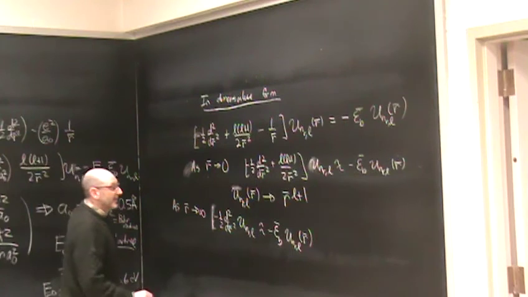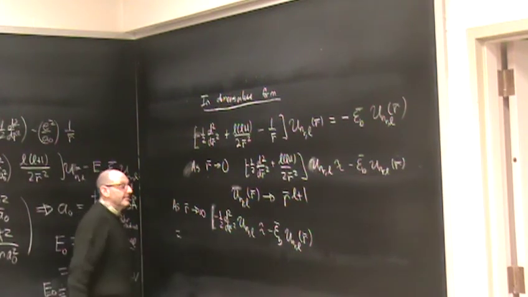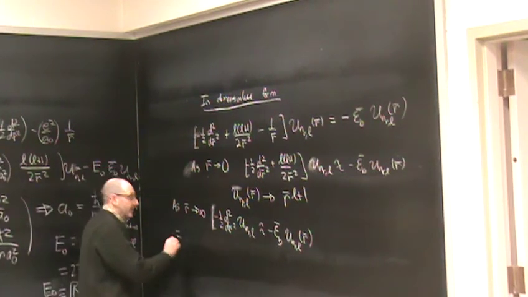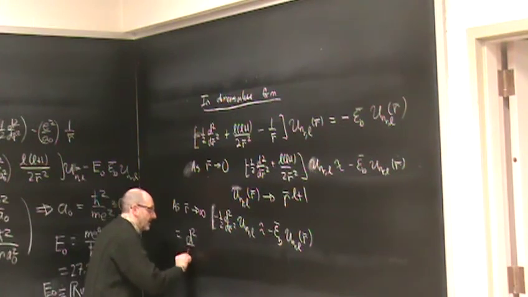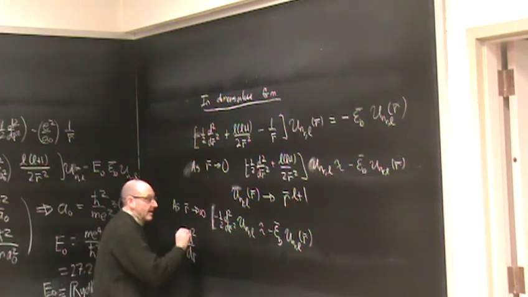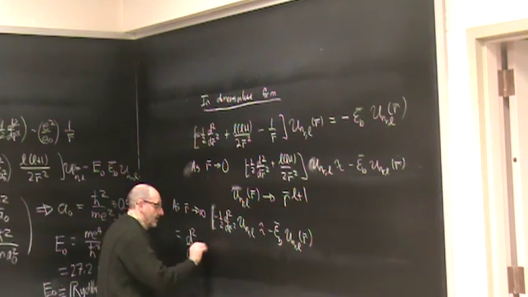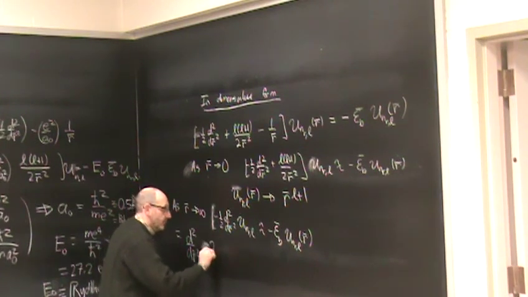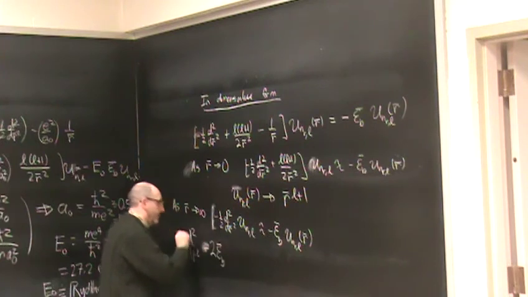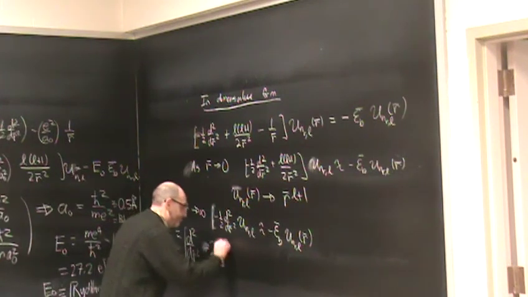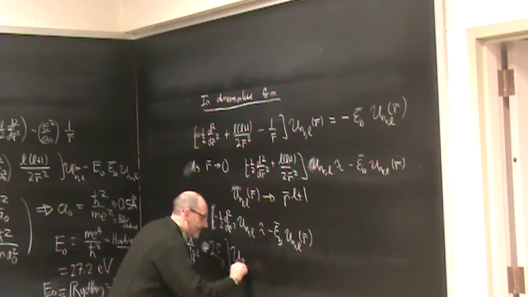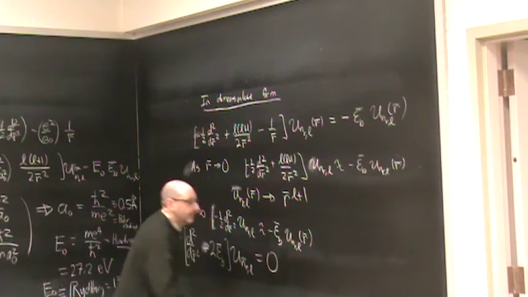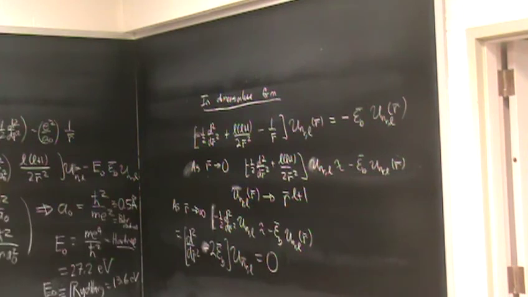This equation is equal to minus 2 times the binding energy times u.